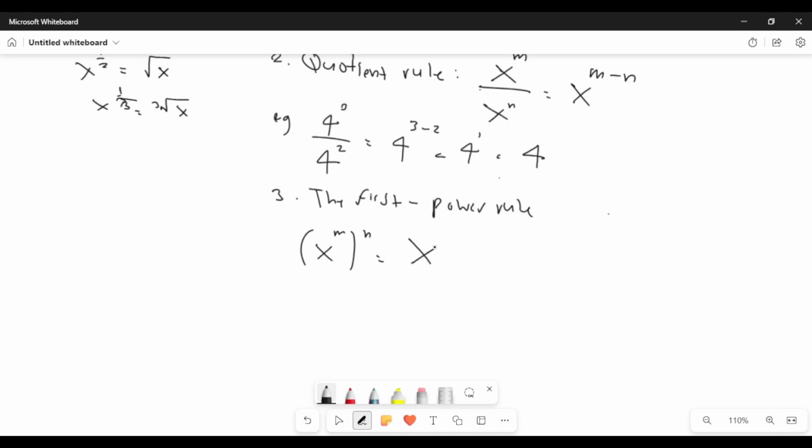What we'll do is multiply the exponents together: m is multiplied with n. For example, we get 3 to the power of 2, raised to the power of 3. Now the exponents are multiplied together, 2 times 3 is 6. So 3 to the power of 6 is 729. So this is the third rule.